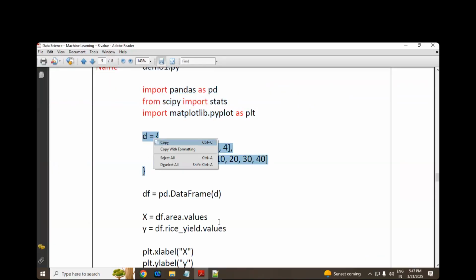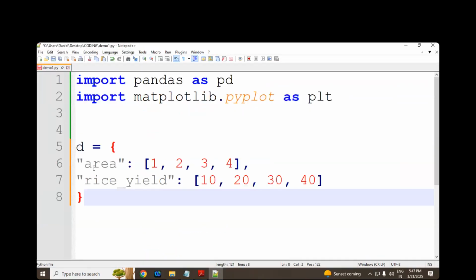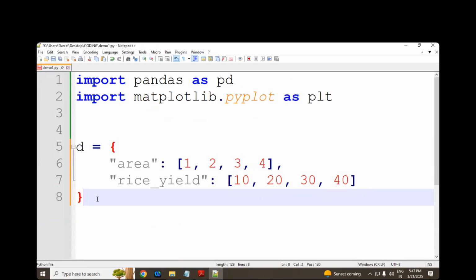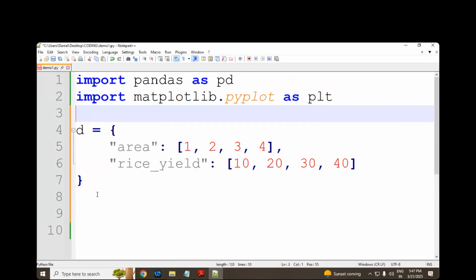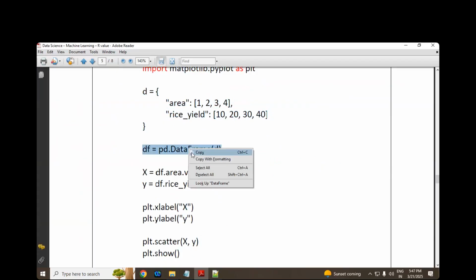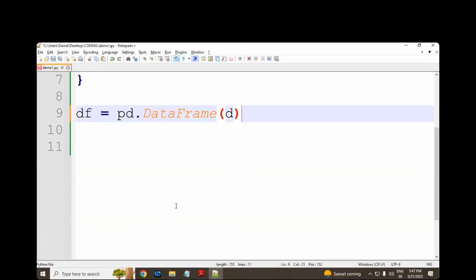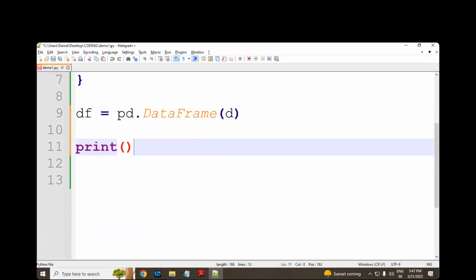Create a dictionary. Yes, we are creating a dictionary. Once the dictionary is created, we create a data frame. Now let us try to create a data frame.